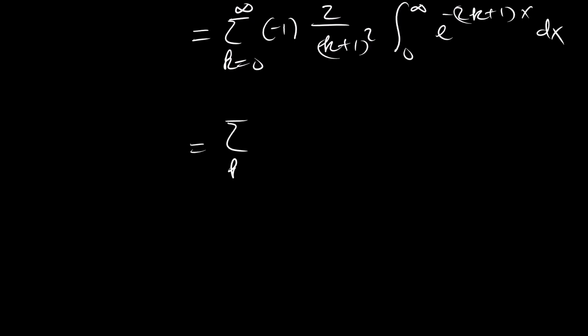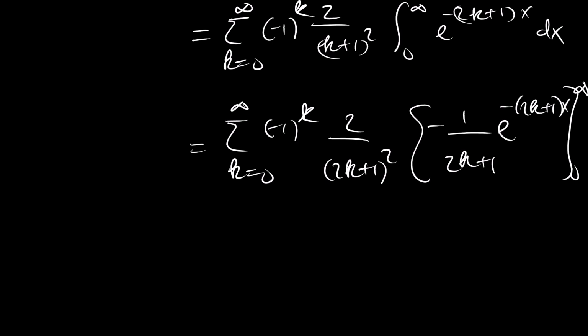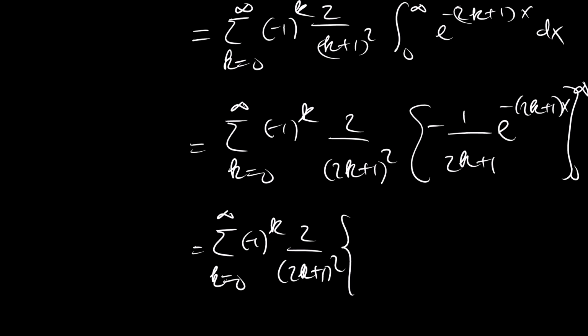So this is the same as the summation from k equals 0 to infinity of negative 1 to the k over 2k plus 1 squared, times negative 1 over 2k plus 1 e to the power negative 2k plus 1 x from 0 to infinity. As x tends to infinity, this goes to 0, so we have 0 minus minus, and as x tends to 0, this goes to 1 over 2k plus 1.